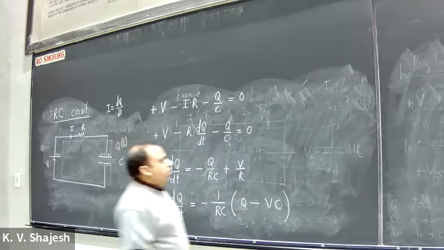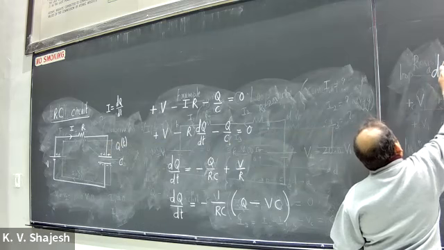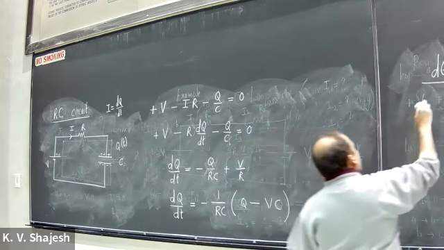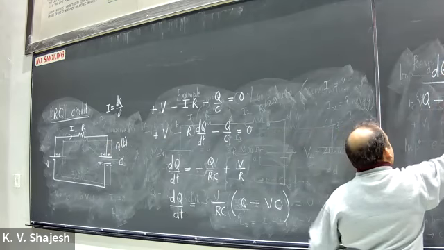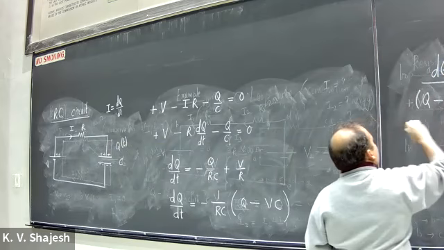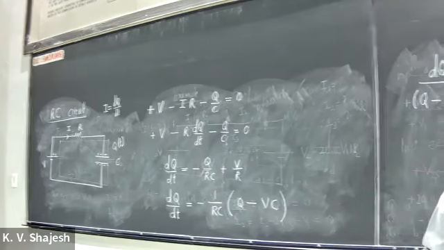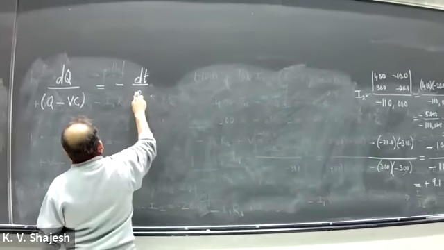To do these problems, rewrite this equation so that all the charges are on one side. So take Q on the other side, so it's Q minus VC, and take the time on the other side, over RC.